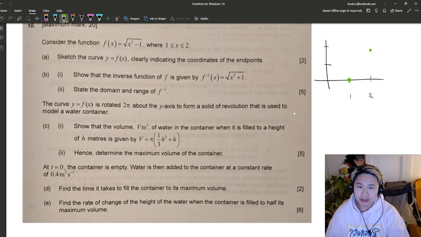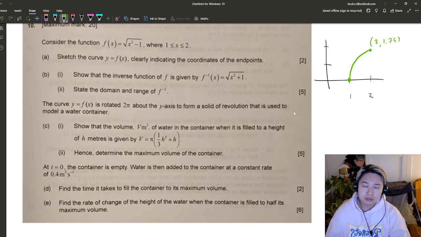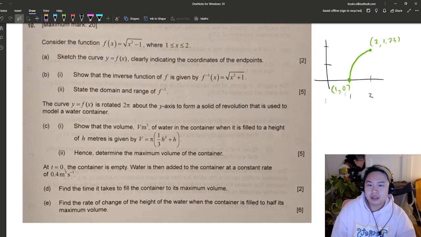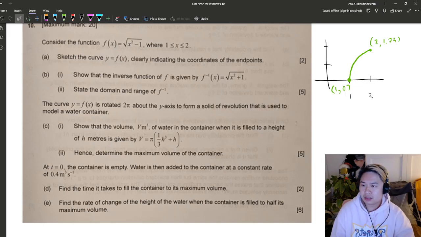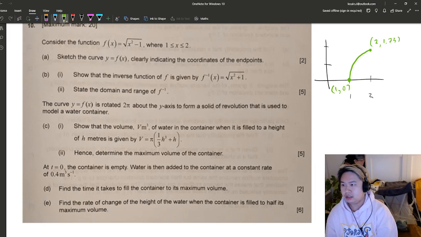So somewhere here, I guess, and then it goes like that. And I guess I'll just label this. Okay, there you go. 2 marks. Show that the inverse is going to be this. Okay, sure, we can do that.